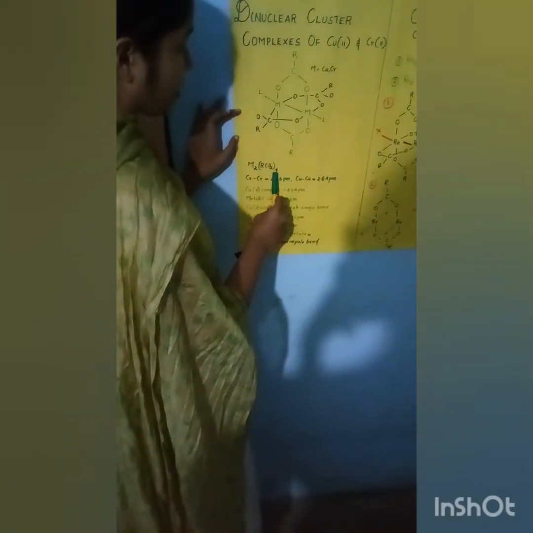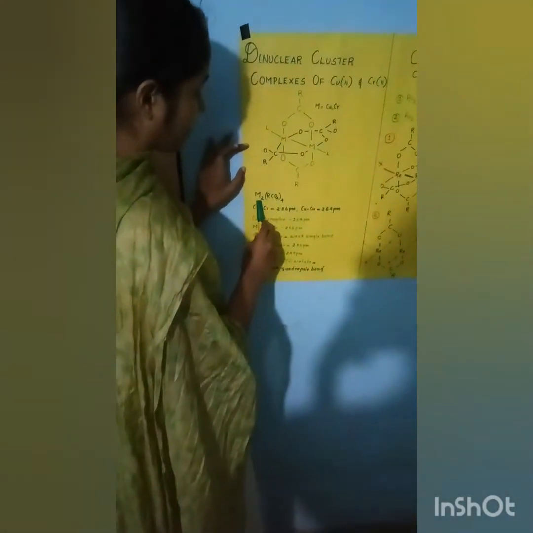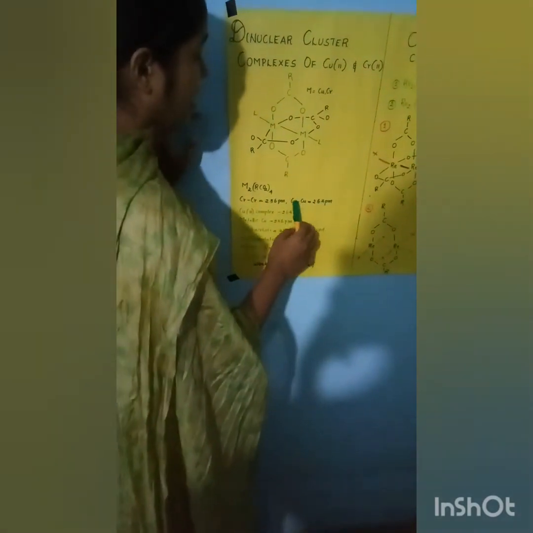M2(RCO2)4 will be the general formula, where M will be copper or chromium. When the metal is chromium, the Cr-Cr bond distance is 236 picometer. When the metal is copper, the Cu-Cu bond distance is 264 picometer.